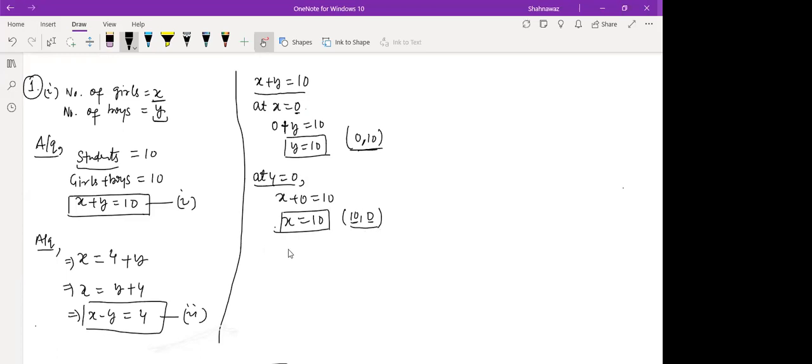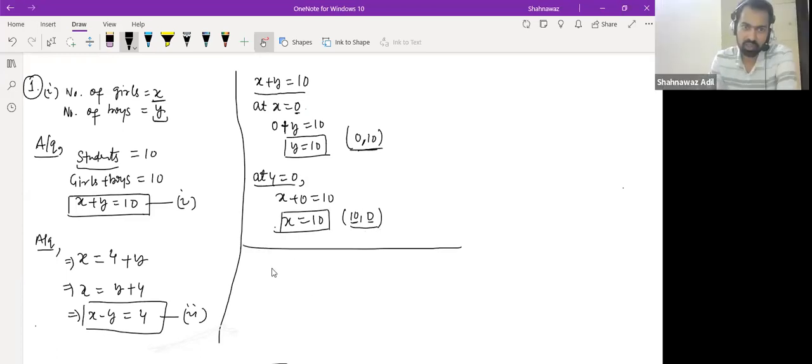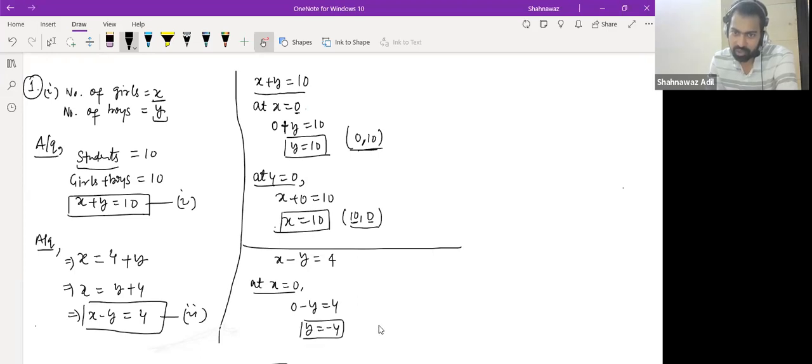Now for the second equation, X minus Y equals 4. At X equals 0, we have 0 minus Y equals 4, so Y is minus 4. The point is 0, comma minus 4.